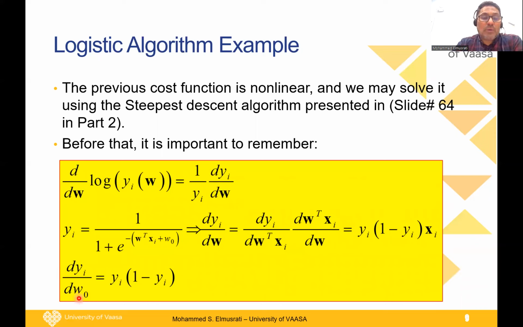And dyi with respect to dW0, the drift, will be yi times (1 minus yi).